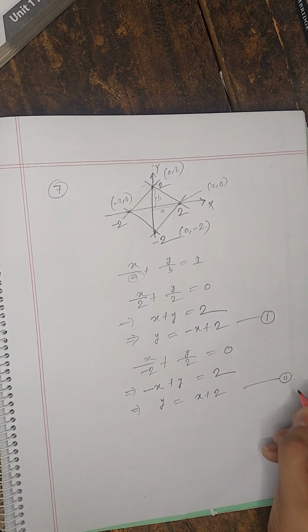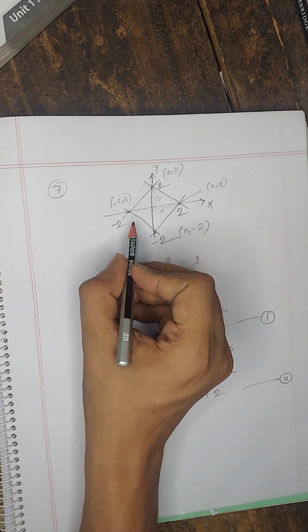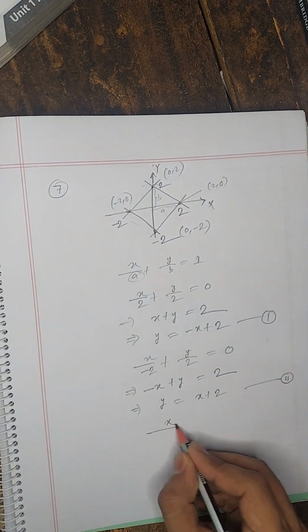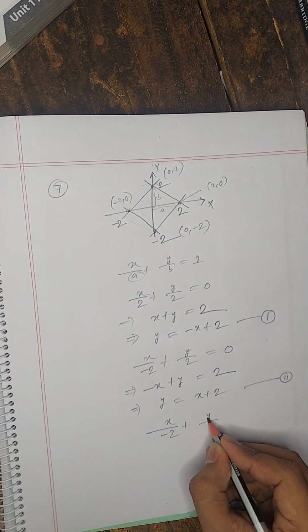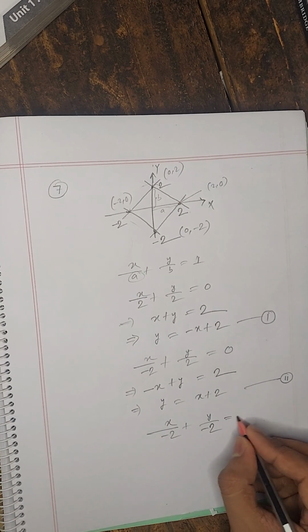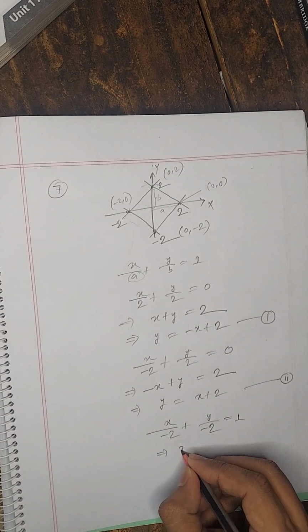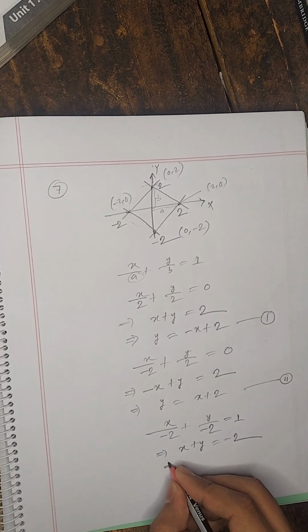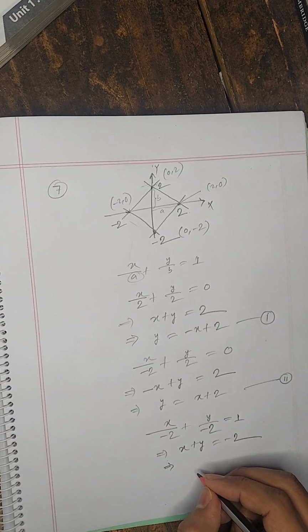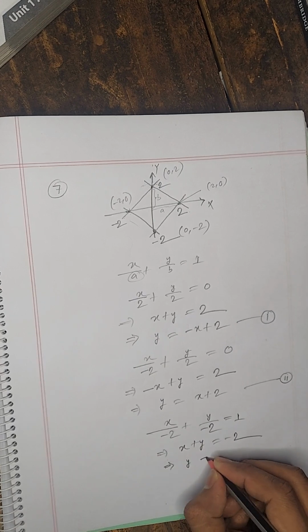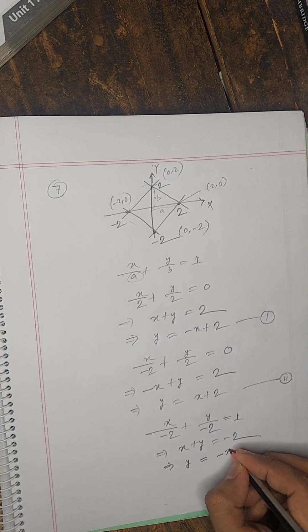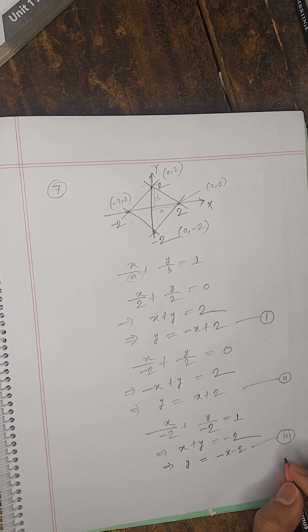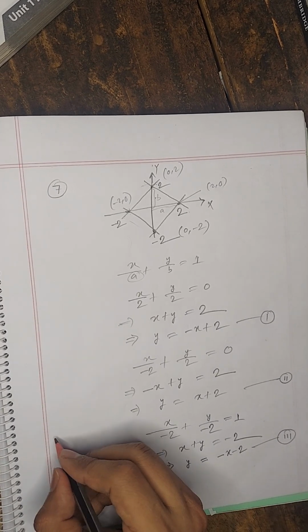This is equation 2. Now we will find the equation of this line. x/(-2) + y/(-2) = 1, so x + y = -2. So the equation of this line is y = -x - 2.